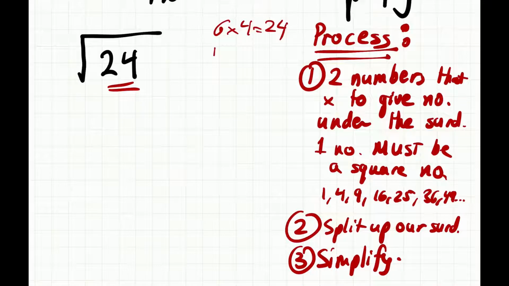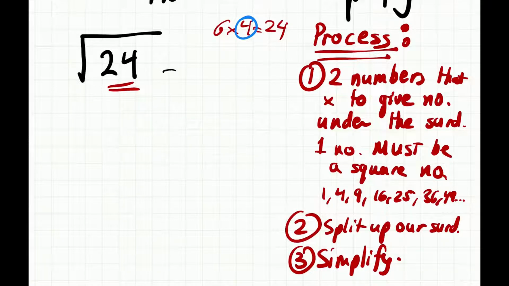We also have other combinations like 12 times 2, but what we want to do is choose a combination that has a square number involved. So we're going to stick with the first one, because 4 is a square number and that can be broken down.